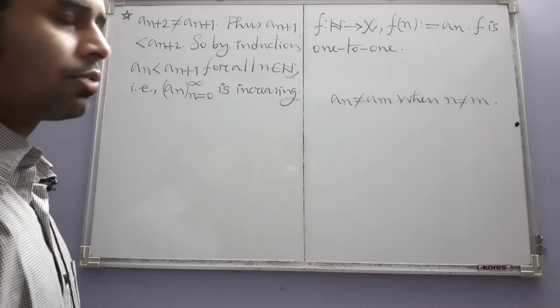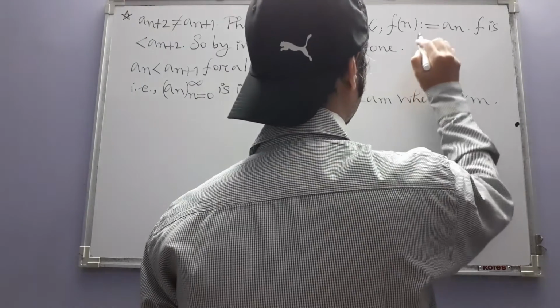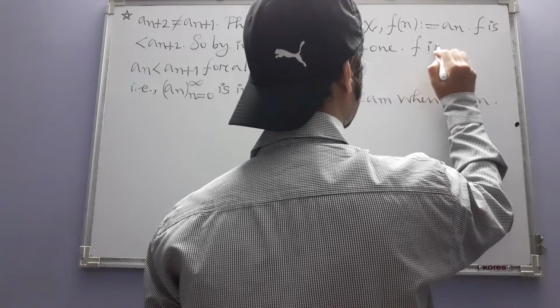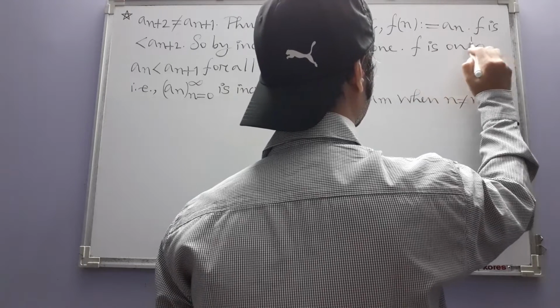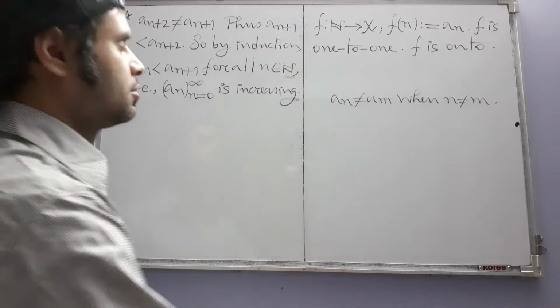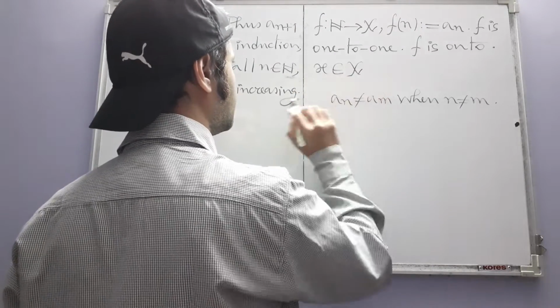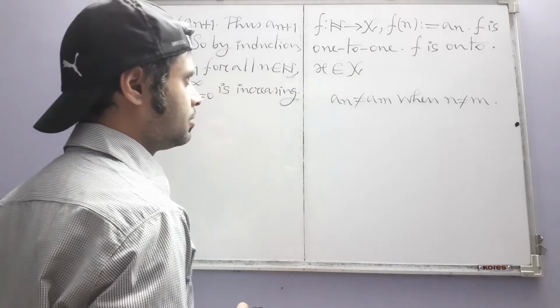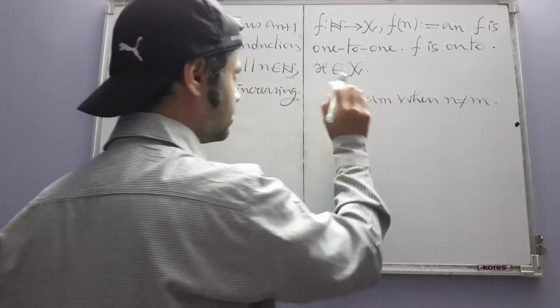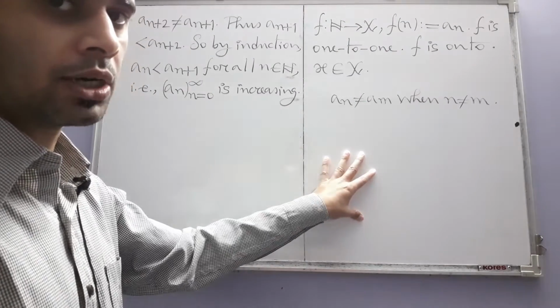The next thing one proves in the text or in the actual proof is that f is onto, and in doing so, one of course starts by choosing an arbitrary element x in the range of this function, and one wants to show that this x is equal to some a_n for some natural number n.